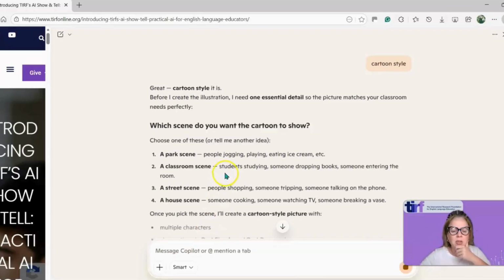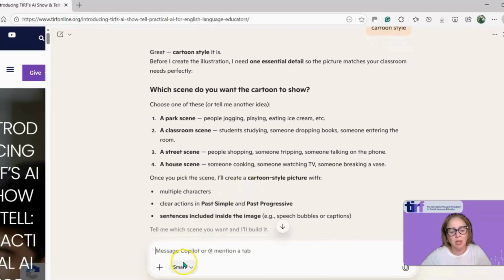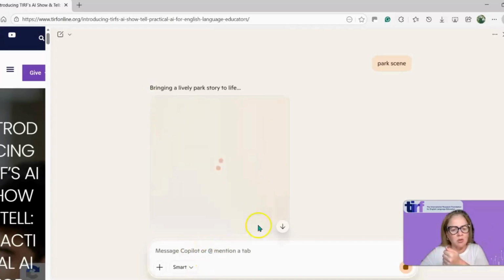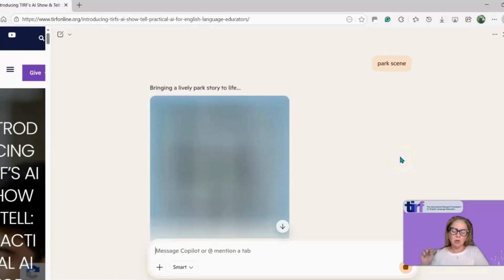So, park scene, you see, it is tailoring even more what I am doing. The idea of a park scene. So let's go for a park scene. Let's take it. It could be classroom or anything or something else. It gave us options, but it could be something else. So the reason that I have added this create a picture is because when you create pictures in Microsoft Copilot and you want to add language, you want to add words, it usually makes mistakes.